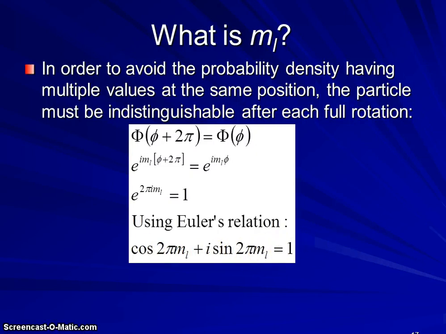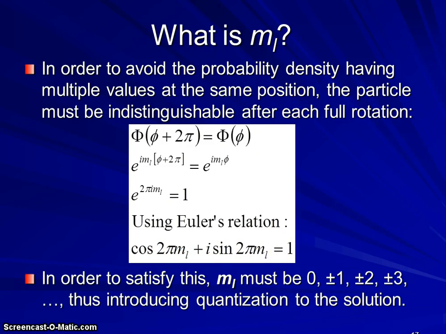The only set of numbers that satisfy that, and you can try this out on a calculator to make sure I'm right, but the only set of quantum numbers that's going to work would be 0, plus or minus 1, plus or minus 2, etc. Basically positive and negative integers, and 0. And since those are the only possible values that can work in this equation, that introduces quantization to the wave function.